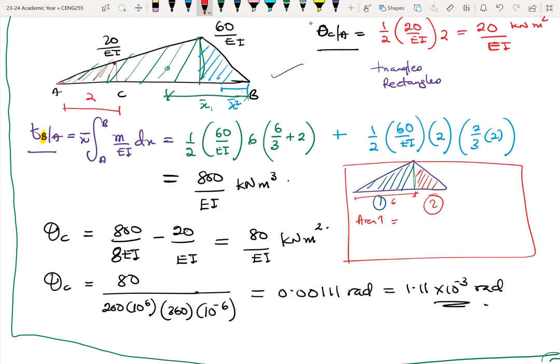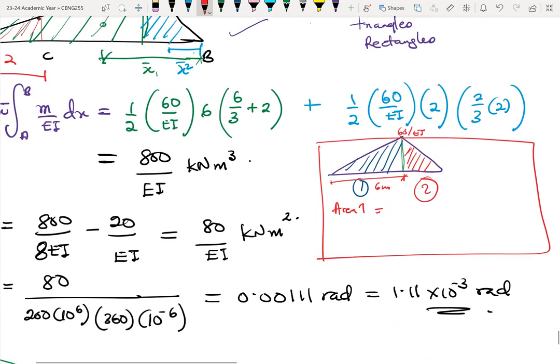So the length here is 6 meters. The height is 60 over EI. So the area is what? Half base times height. So here you are, half, this is a base of 6 meters times a height of 60 over EI.